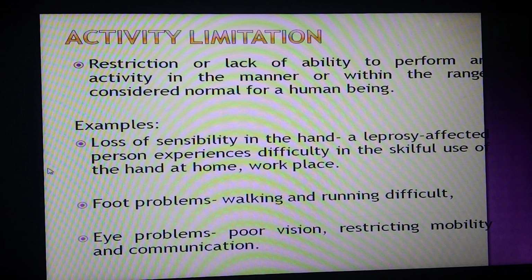In leprosy, a person experiences difficulty in the skillful use of the hand at home and the workplace. Foot problems are walking and running difficulties. What are the eye problems? The eye problems in leprosy patients are poor vision, restricted mobility, and later communication difficulties. So these are the examples of activity limitations.